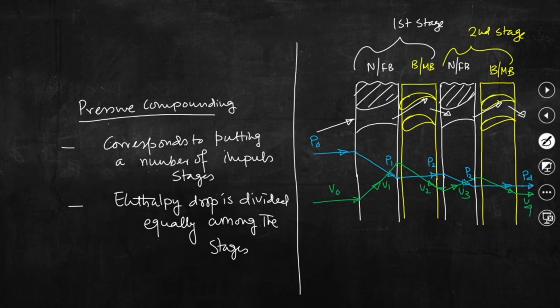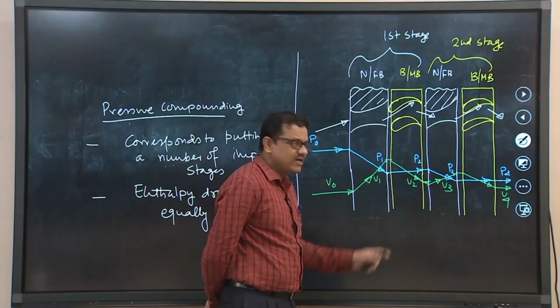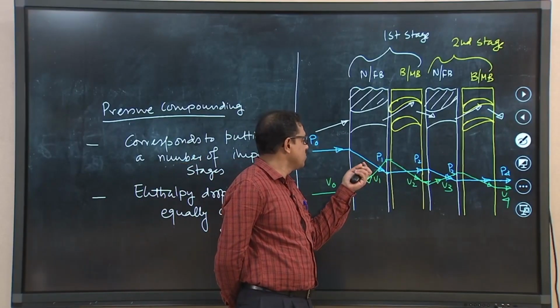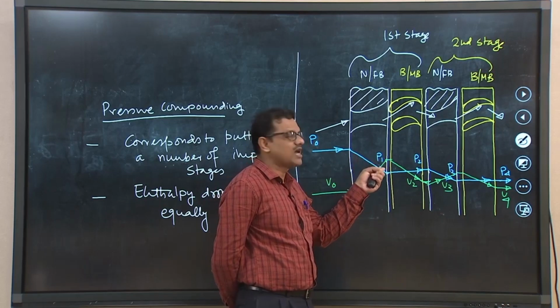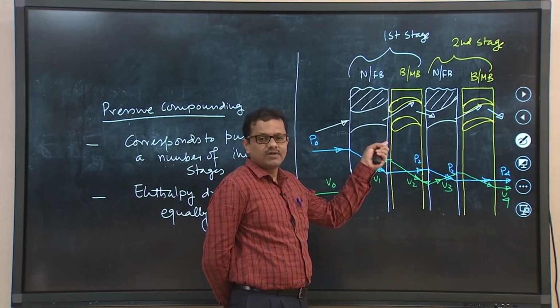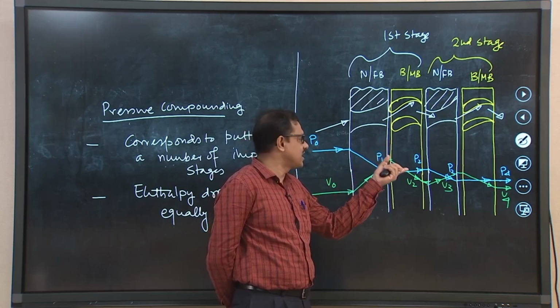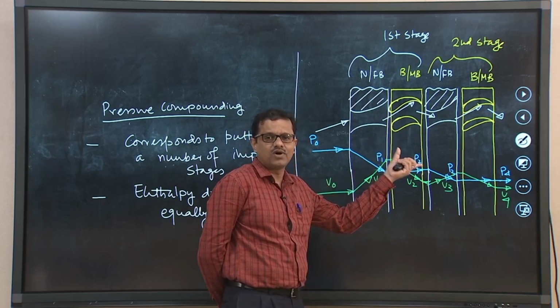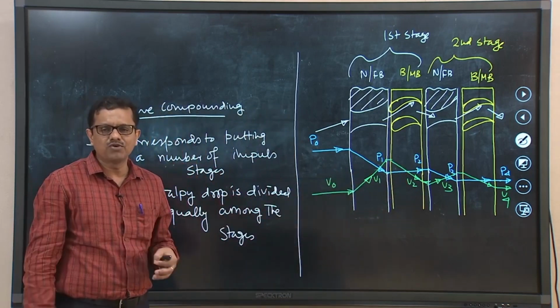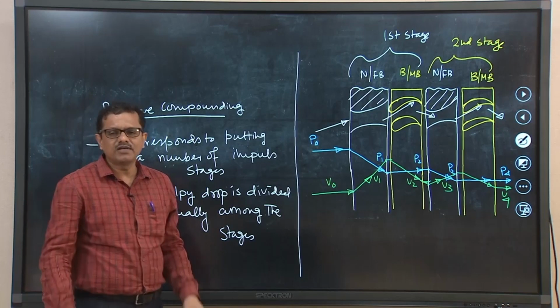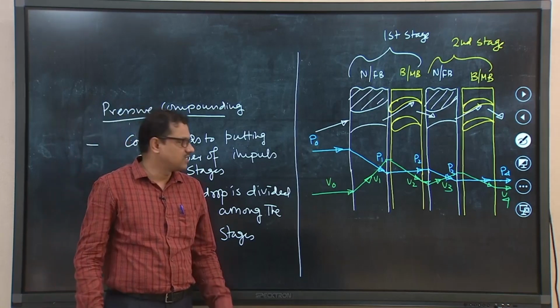Basically, you can understand, had you allowed steam to expand only in the first row of nozzles, the velocity would have been much more, and if we had tried to utilize that velocity in the first row of moving blades, then, as we discussed in the beginning of this class, the speed would have been much more and the required diameter of the wheel would have been even larger.